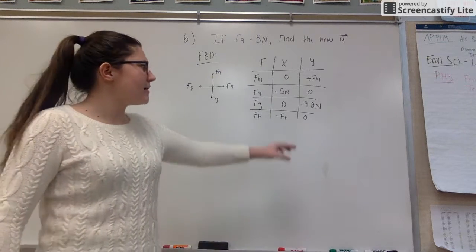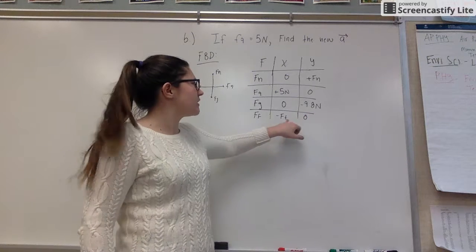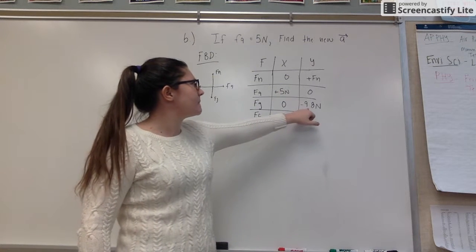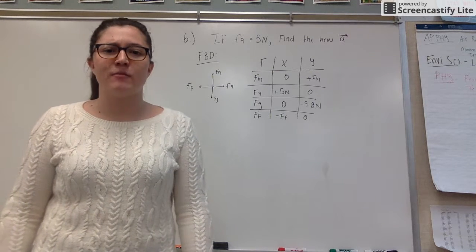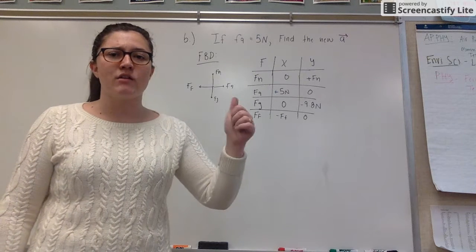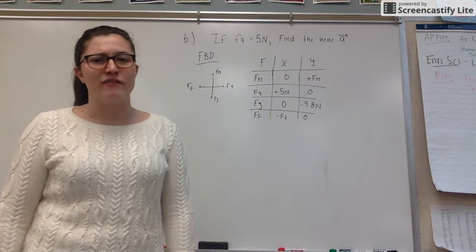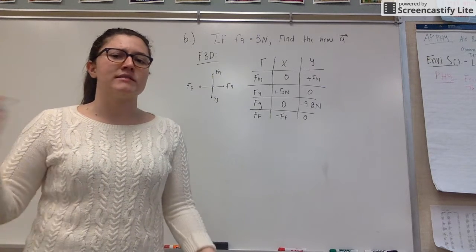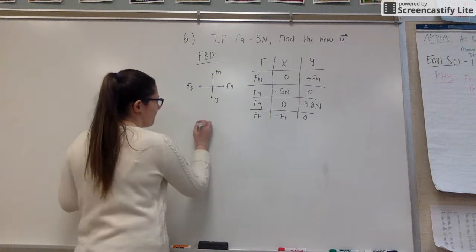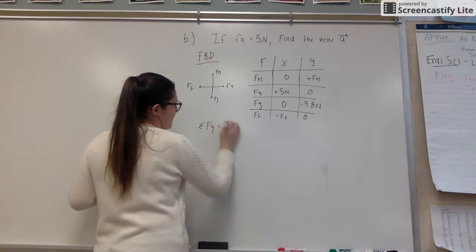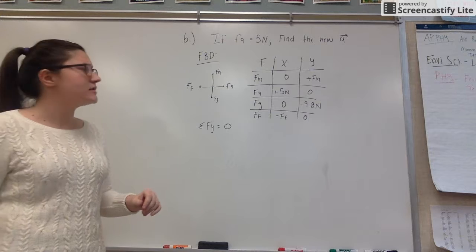From that last problem, part A, I took that the weight, or the force of gravity acting on the object, is negative 9.8 newtons. And then that new applied force is going to be 5 newtons. We're going to do the same thing. We want to sum the forces in the y and in the x. Sum of the forces in the y are equal to 0.